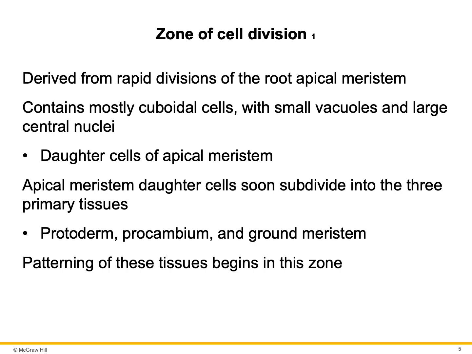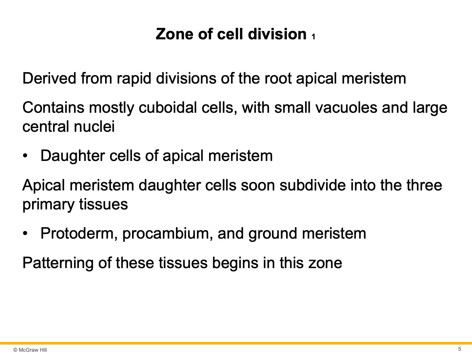The genes involved in regulating the patterning of these tissues are actually active in the zone of cell division, and most of the cells are still cuboidal in shape with a small vacuole and proportionally large, centrally located nuclei.